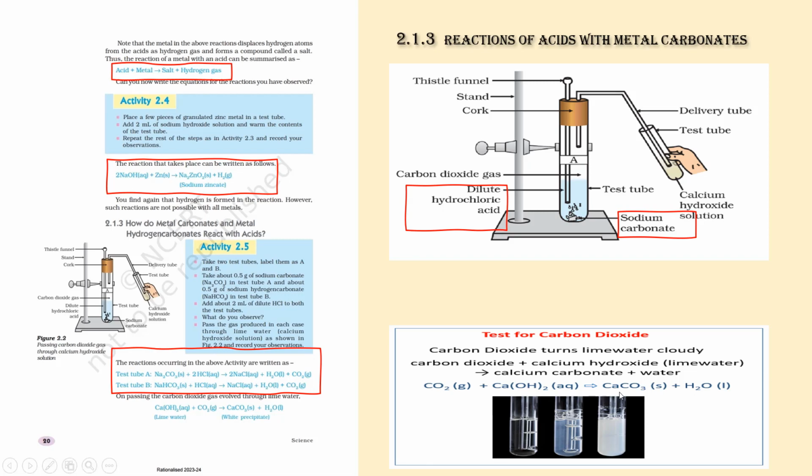This milky solution is formed by the production of calcium carbonate. Therefore, you can easily say that the gas that is formed in this experiment is carbon dioxide. So this lime water test is an analytical test to identify carbon dioxide gas. So this is the equation which will help you understand why this turns white.